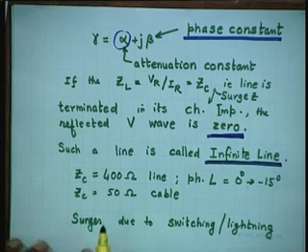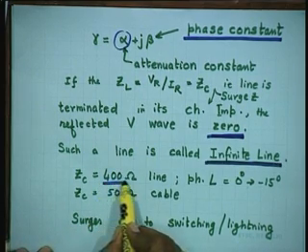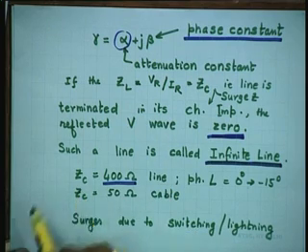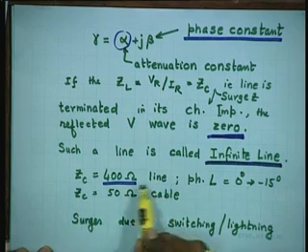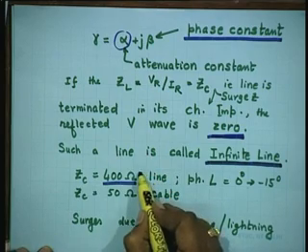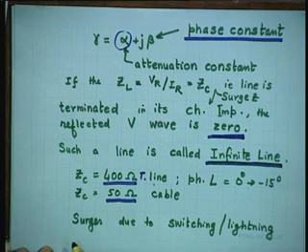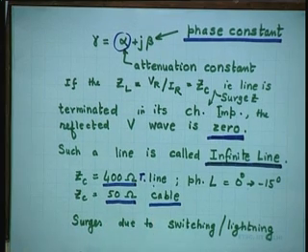Now, the typical value of characteristic impedance is 400 ohm for a transmission line, and the same value is roughly 8 times less for a cable. Can you tell me why? Why should the characteristic impedance be so high for a line and so low for a cable?